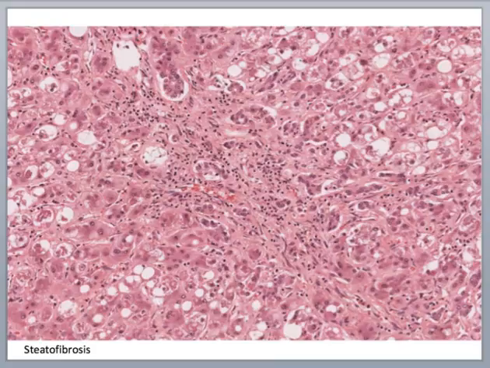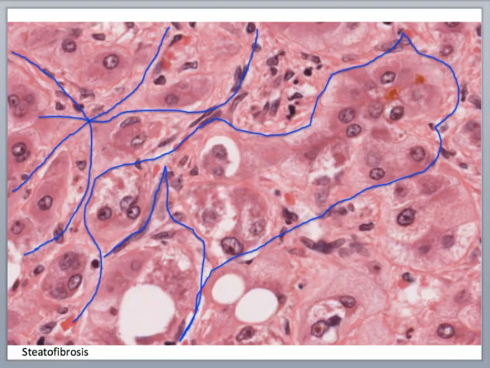At this higher image in the next slide, you can see in the middle a cell with Mallory-Denk bodies. There's some inflammatory cells in the lobule here, but the other thing is that it looks like there's pink material in and between the cells, and I drew some lines to try to highlight that.